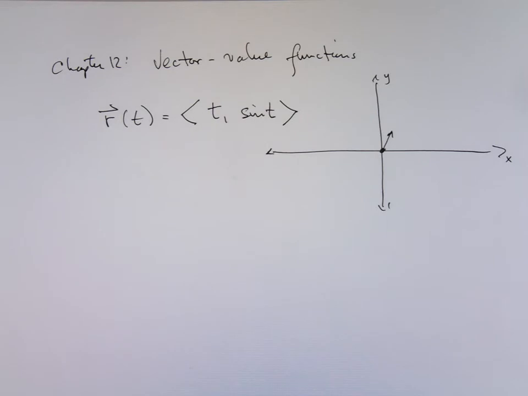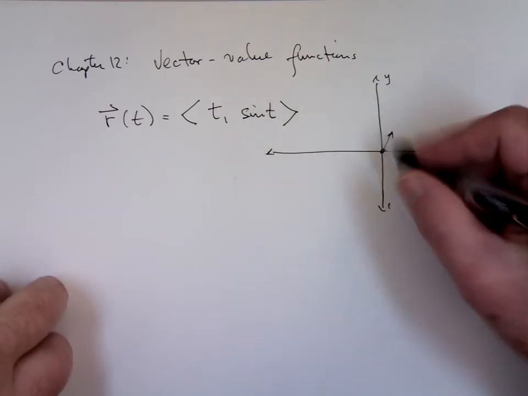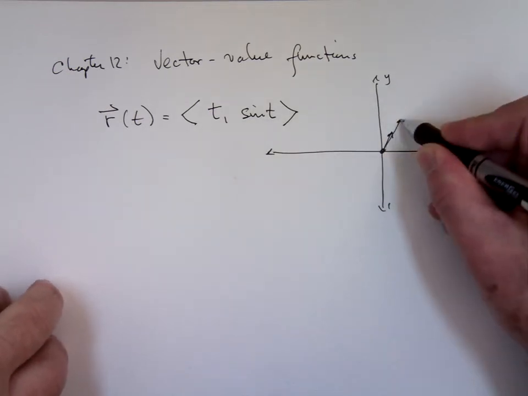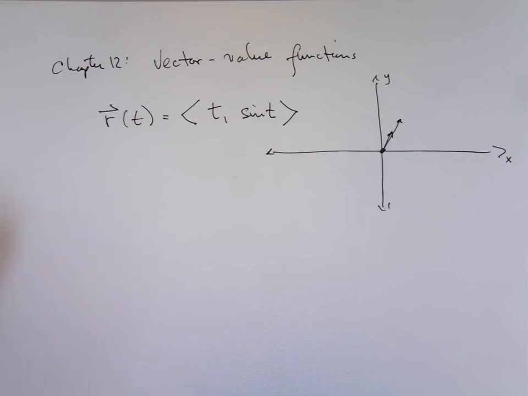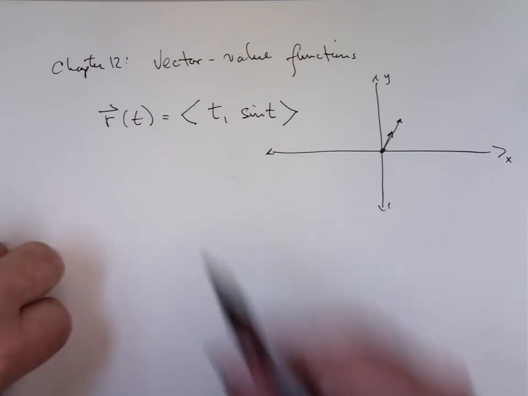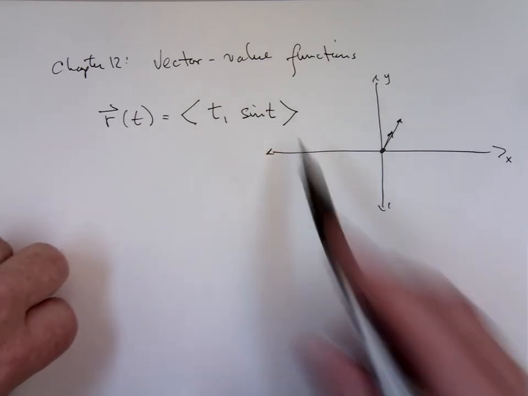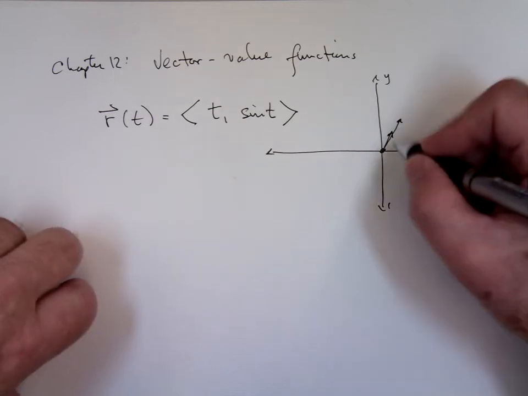But anyhow. So we get a vector at pi over 6. And then if you have t equals pi over 4, you get another vector, pi over 4, 1 over the square root of 2 over 2. You're going to get this vector. When t gets to be pi over 2, you're going to have pi over 2, sine of pi over 2, which is 1. And you'll get this vector.